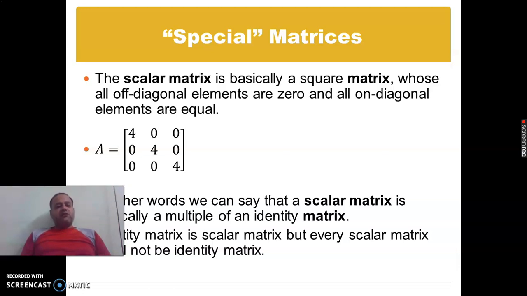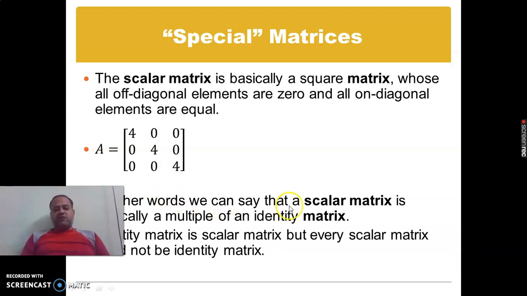For the diagonal matrix, the diagonal elements are different, and for the scalar matrix, these diagonal elements are equal. So we can say that every scalar matrix is a diagonal matrix, but every diagonal matrix need not be a scalar matrix.